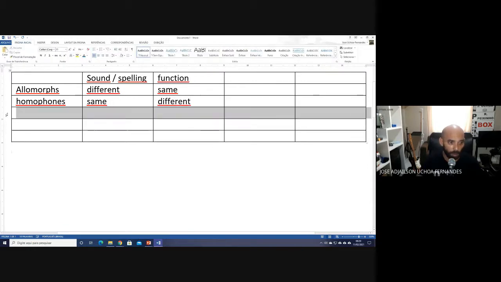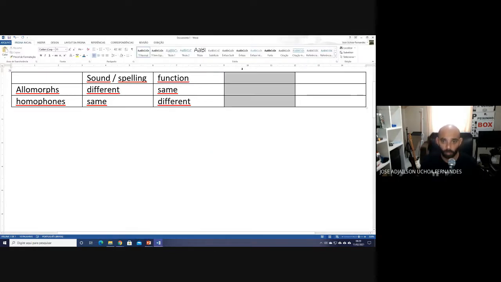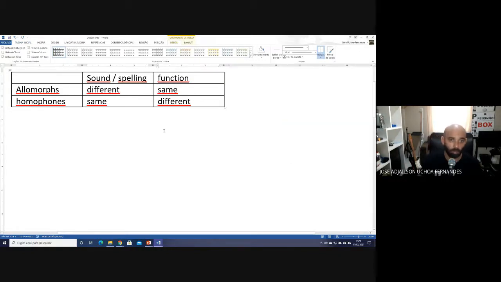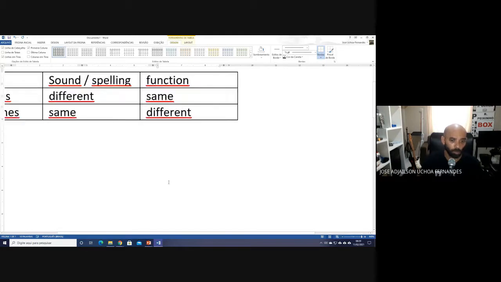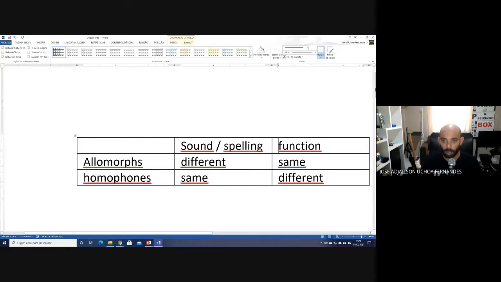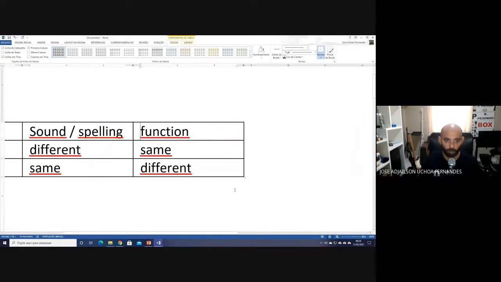Let me erase this. Okay. So keep this in mind. I think this is a better way to memorize.